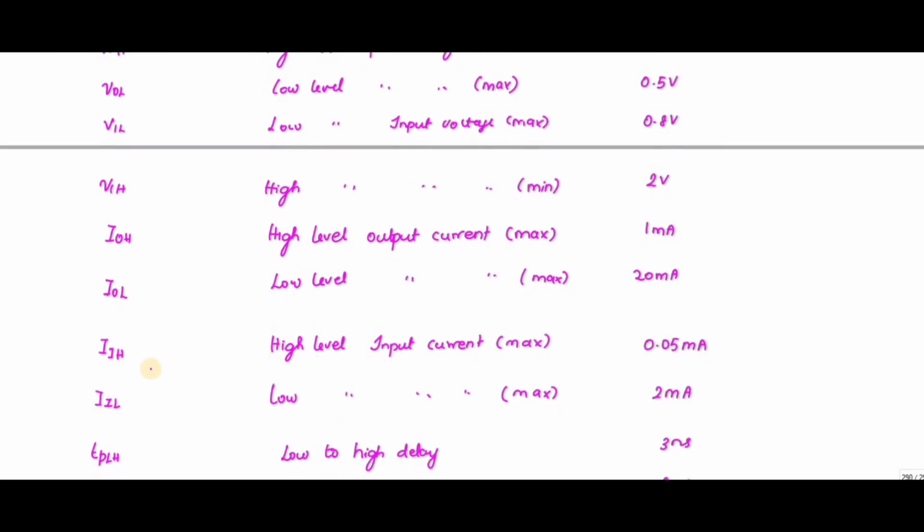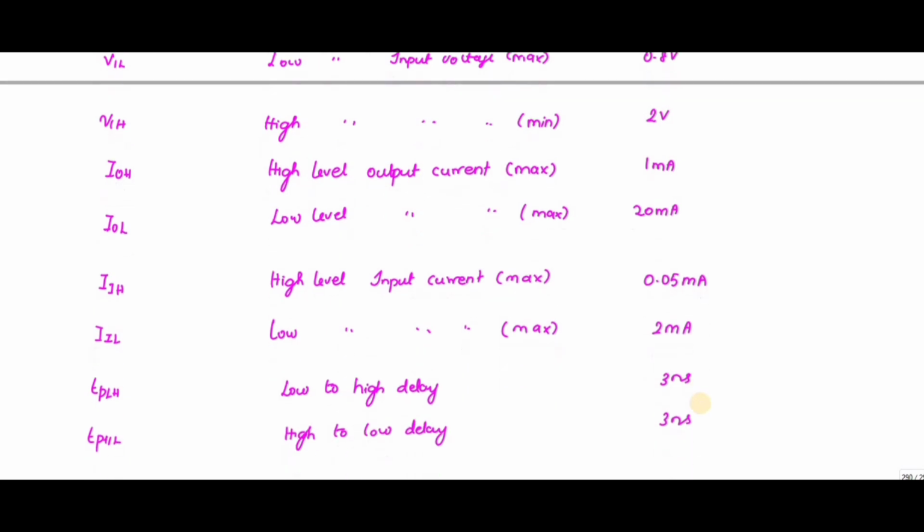Likewise they have given IIH. IIH is the high level input current maximum, that is 0.05 milliamps. IIL is the low level input current max, that is 2 milliamps. TPLH means low to high delay, that is 3 nanoseconds, and TPHL is high to low delay, that is 3 nanoseconds.